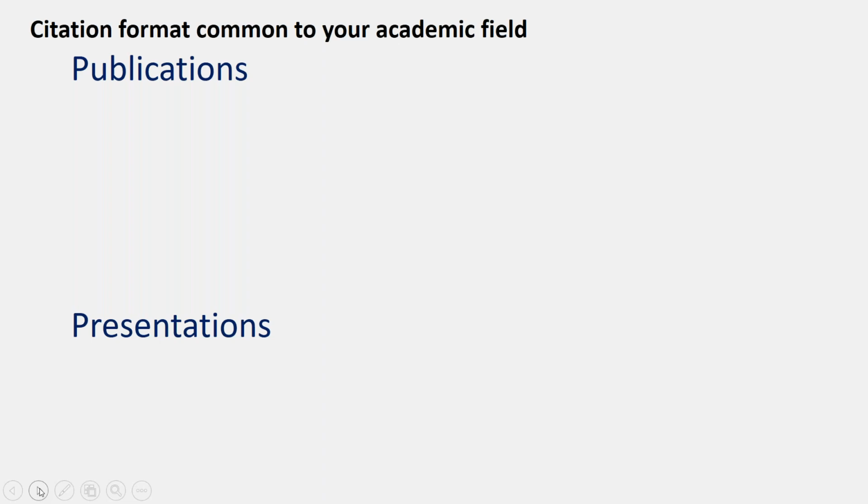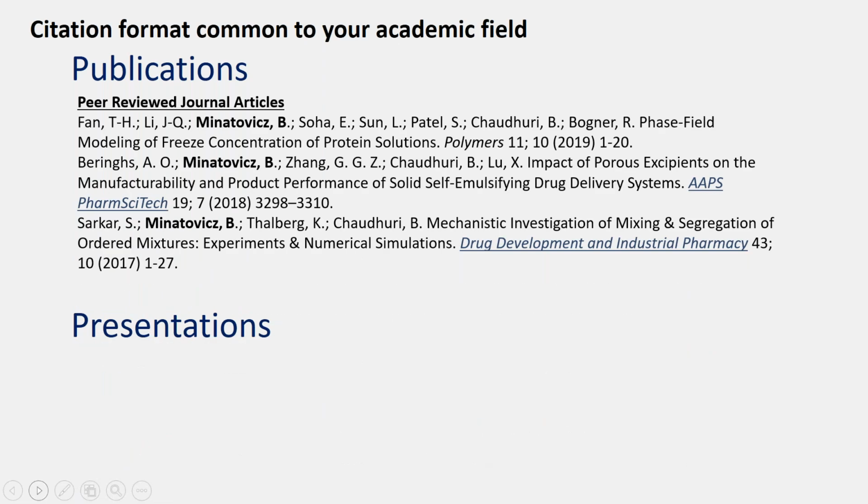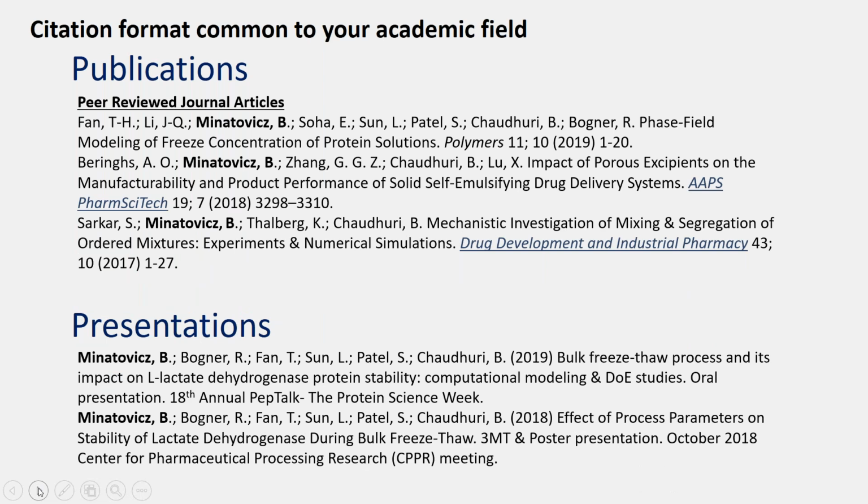All right, publications and presentations are very central to a CV as they feature your research. And in the CV, you'll want to use the citation format that is common to your academic field. You can also create categories within your different sections here.